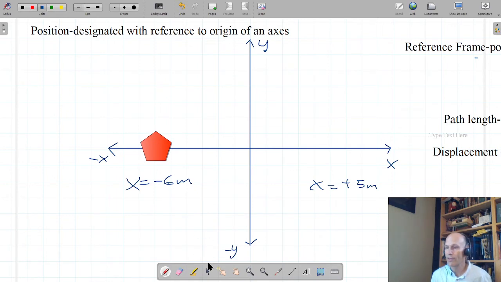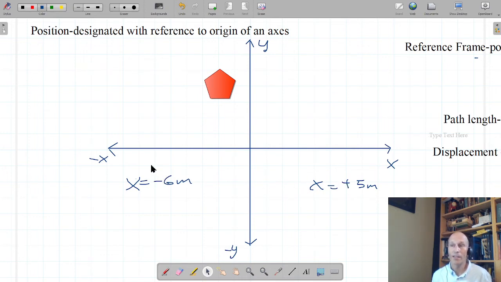So my pentagon could be here, -6, and then I could put it over here and say, okay, it's at -2 and 1, 2, 3, 4, centered on +4. We probably won't do that for a few weeks, so no need to worry about that. Let's just stay confined to the horizontal dimension, and all we're talking about is positive and negative x right now.